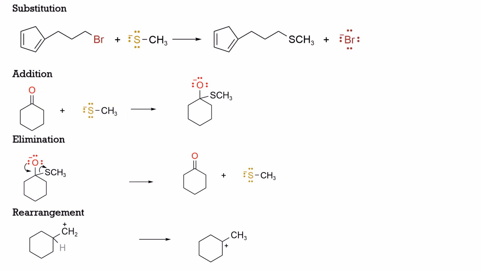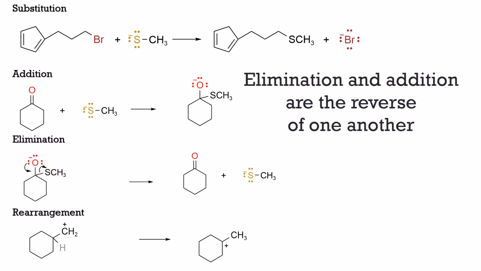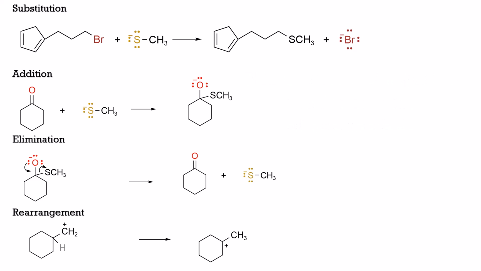And then in the product, you see that there's now a new bond between sulfur and the carbonyl carbon. And then with elimination, you can see the arrows. I form a pi bond between oxygen and carbon, and then I remove or eject the methyl sulfide. So elimination and addition are the reverse of one another.